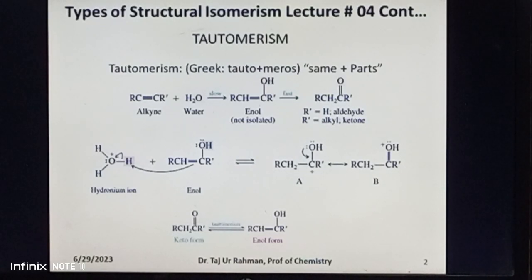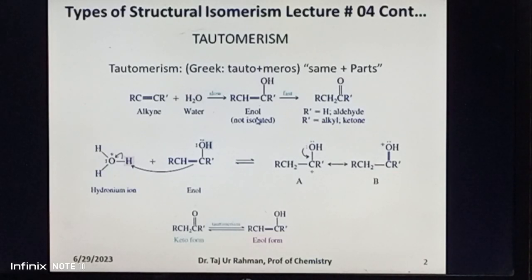Now, to explain and discuss the phenomenon of tautomerism in detail, let's first take an example from the hydration of alkynes. This reaction shows that the hydration of alkynes yields an alcohol, and this type of alcohol is called an enol.